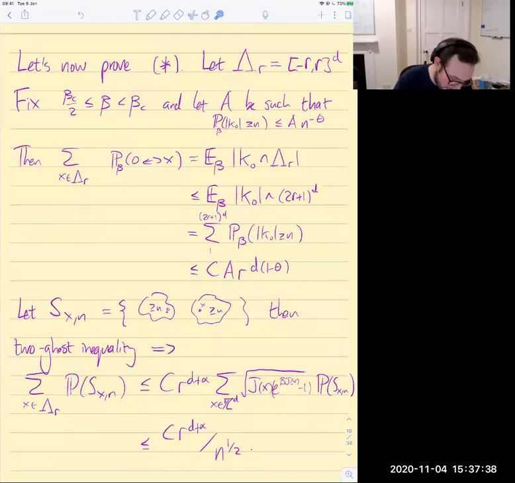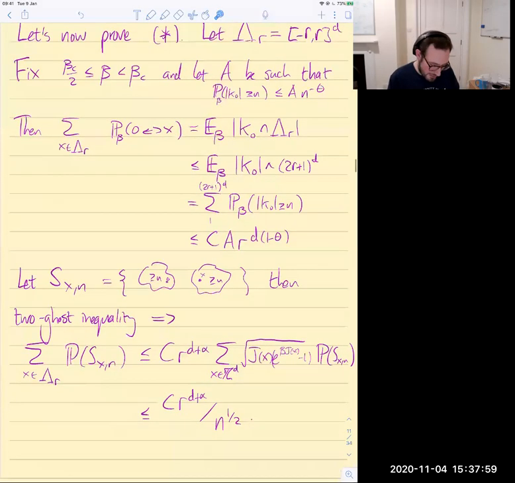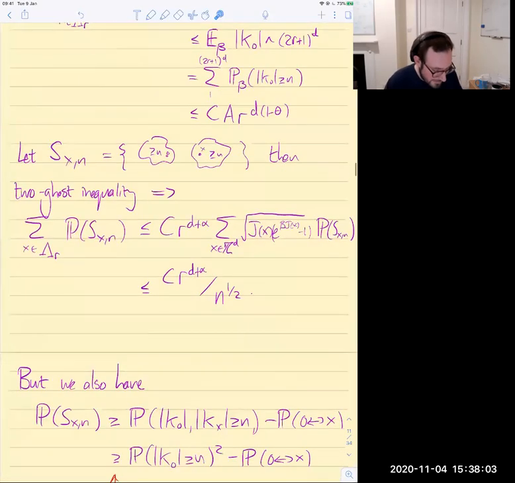Then I just plug in my bound here and do the computation and I get a bound of this form. So this assumption here is converted into this 2-point function bound of this form, where C is some constant that depends on theta. Maybe not even. Anyway, constants depending on theta as well.